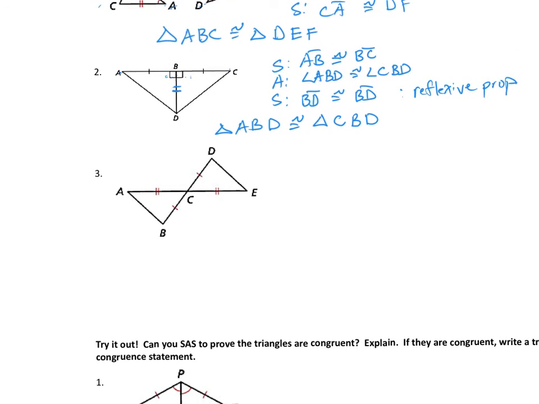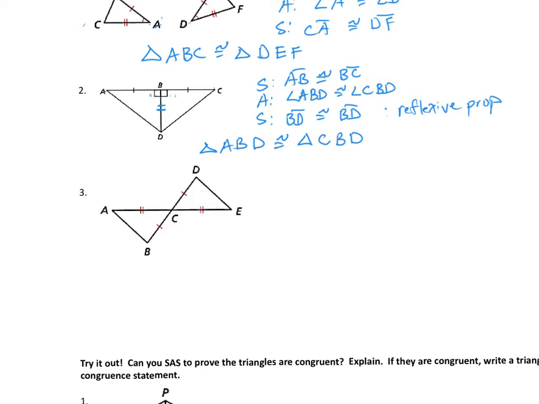Right, next one. It doesn't give us an angle, but remember our vertical angles. Vertical angles here are congruent, and we have an X here, so the two angles on the opposite sides must be congruent using our vertical angle theorem. So our side, angle, side, I can say AC is congruent to EC.